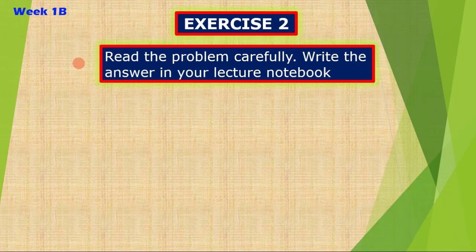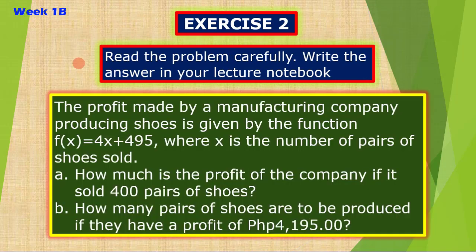Exercise number 2. Read the problem carefully. Write the answer in your lecture notebook. The profit made by a manufacturing company producing shoes is given by the function f of x equals 4x plus 495, where x is the number of pairs of shoes sold.